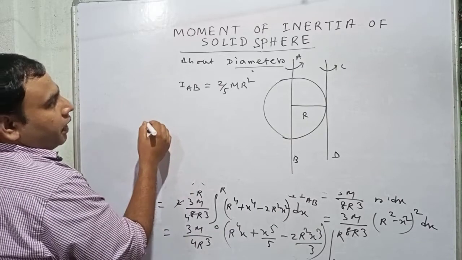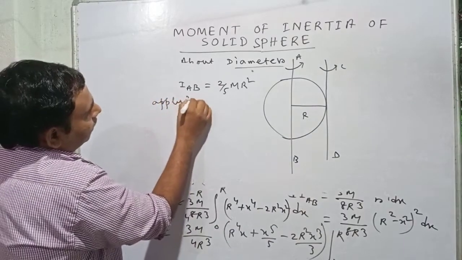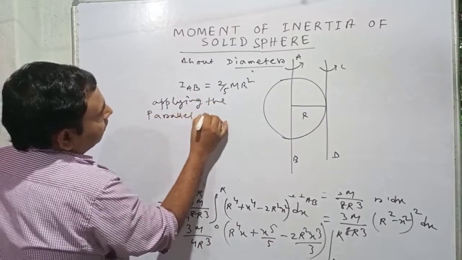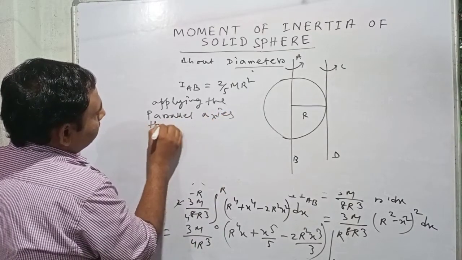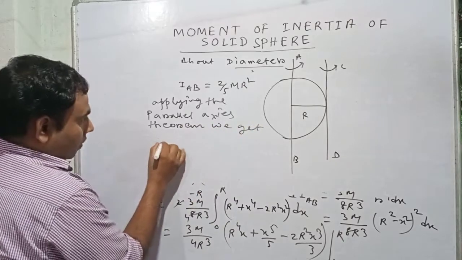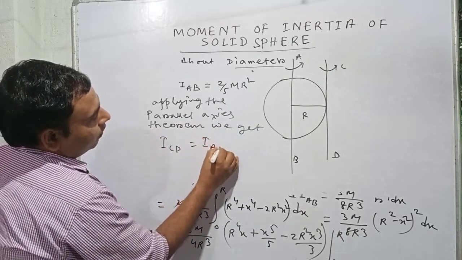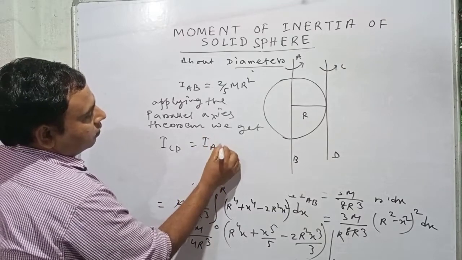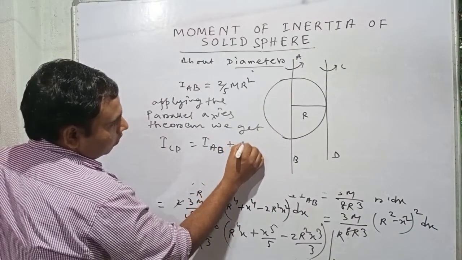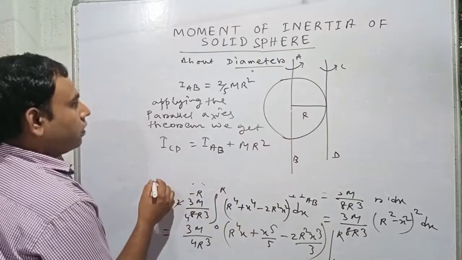Applying the parallel axis theorem, I_CD equals I_AB, passing through the center of mass, plus mass m times distance L square between the two axes.